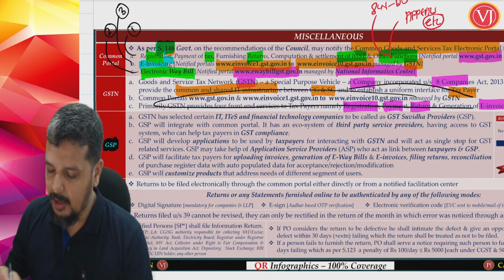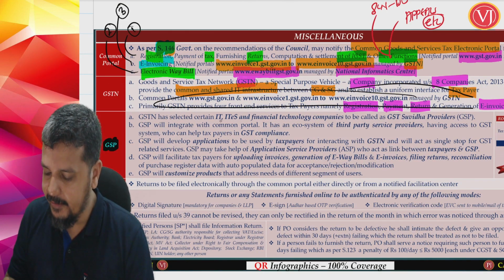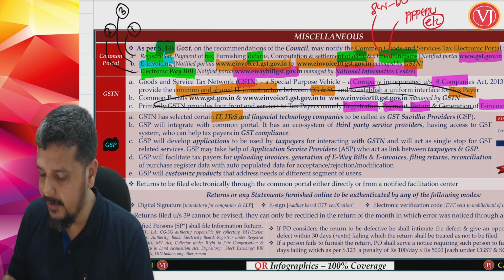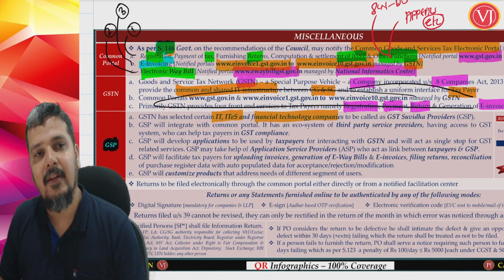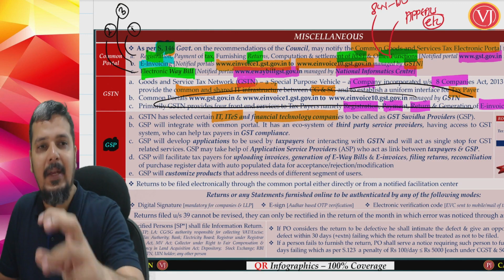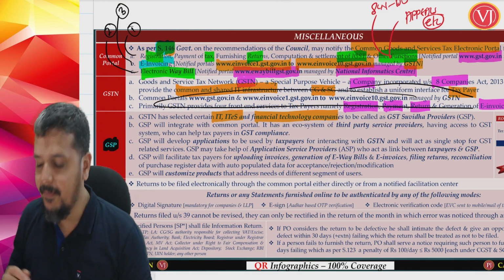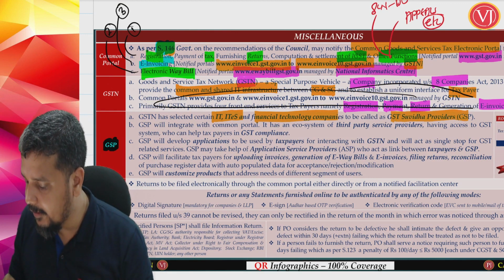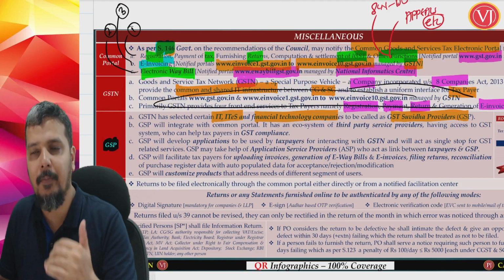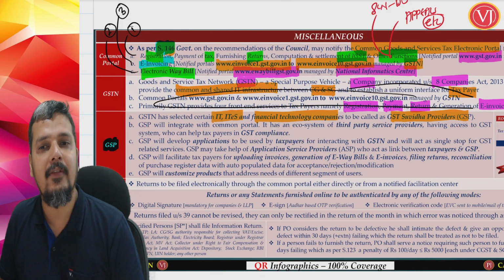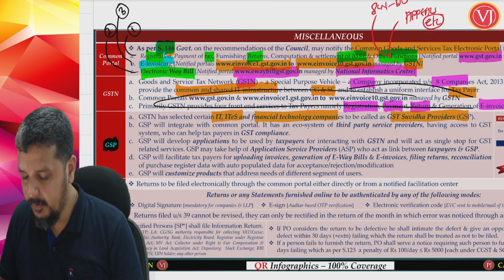So the government selected certain information technology and financial technology companies, and said that if you meet these criteria, you can apply yourself as a GST Suvidha Provider. The criteria were very, very high, but if you meet them, you can call yourself a GST Suvidha Provider.